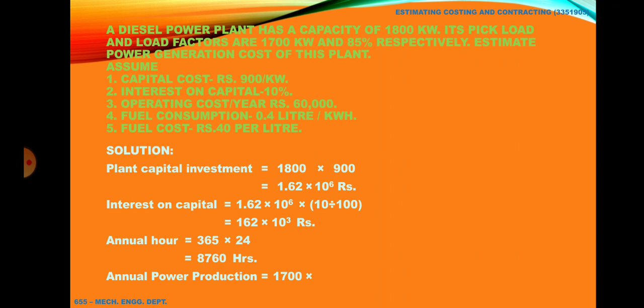The load factor is 85%, so we write it as 0.85. And annual hours are 8760. So it is equal to 12,685.2 into 10 raised to 3 kilowatt hour per year.